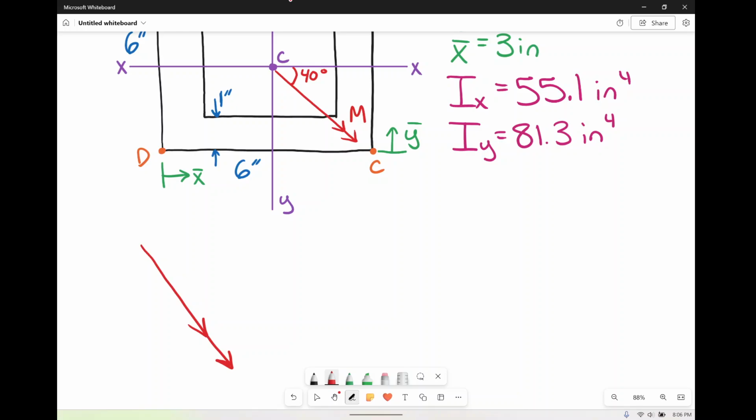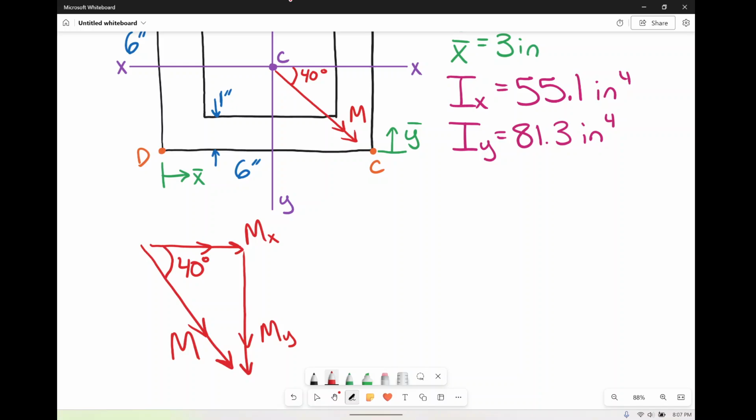So it is going to be force times distance to give us that bending direction, our moment here. But using triangles, obviously we're going to have X going sideways, and Y is going to be going down. That's how we're going to convert our moment here. And again, that's 40 degrees.